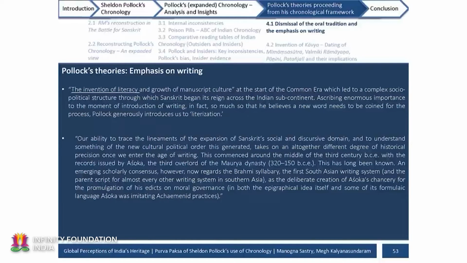So the catalytic action is from the Greeks, and the Mauryan Ashokan model was basically an imitation of the Greek work. In the very beginning of his work, The Language of Gods in the World of Men, Pollock says that he wants to analyze the culture power practices of India without firstly even establishing if these constitute the right questions to even ask, right?